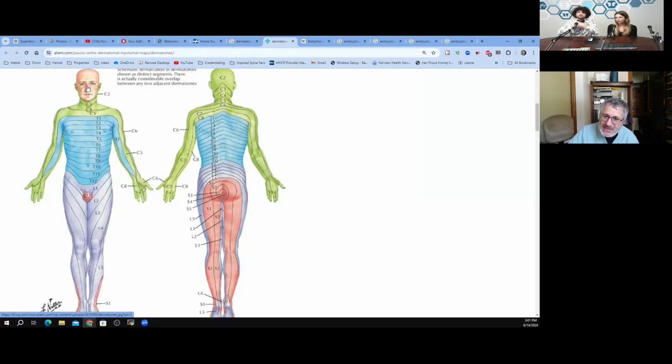Why isn't the head like that? Because the head is made of practically the front segment of our embryonal tube, and the cranial nerves 1 through 12 create literally the head dermatomal distribution, which is very different because over millions of years it has reorganized in that way.